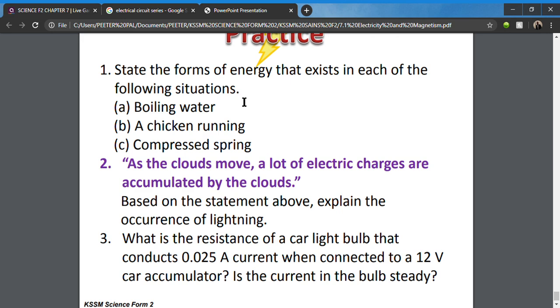If you take 12 divided by 0.025, you will get a value of 480 ohms.